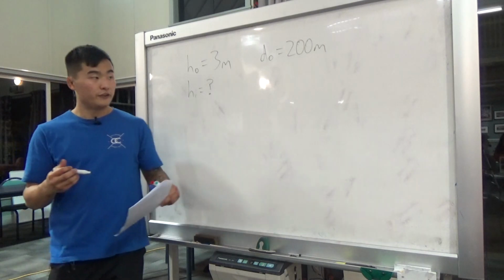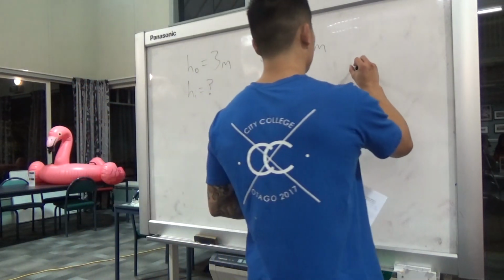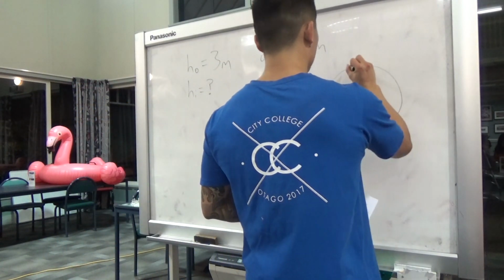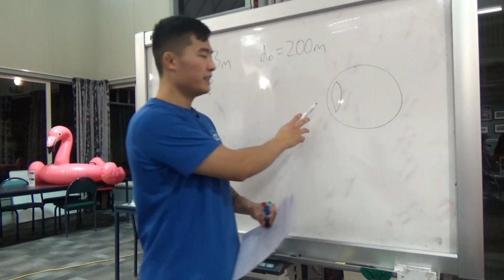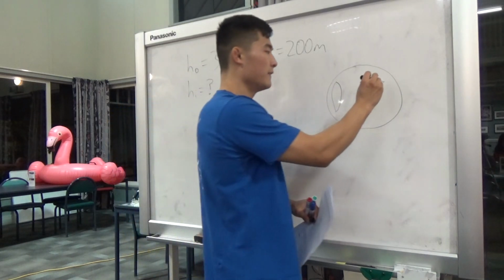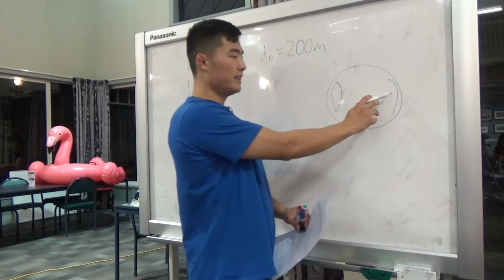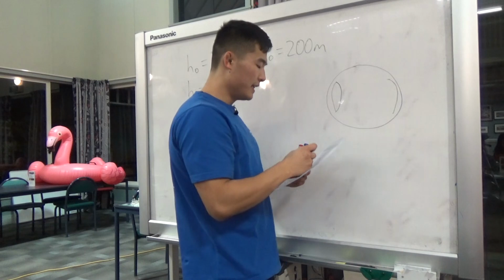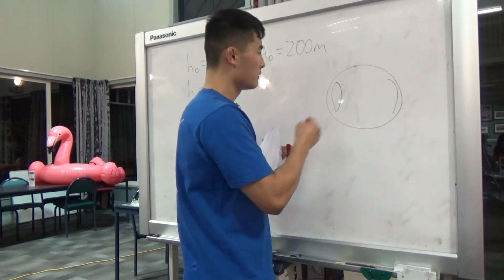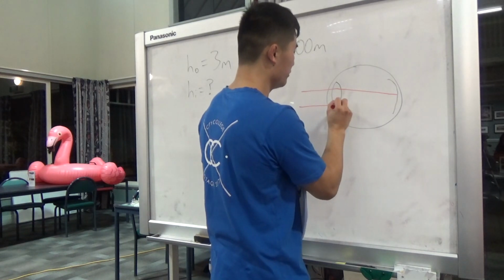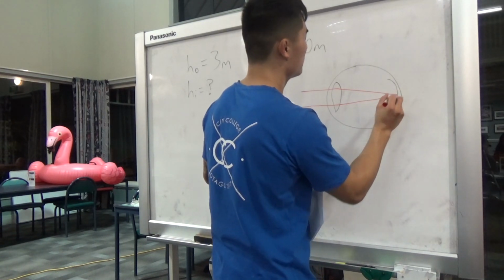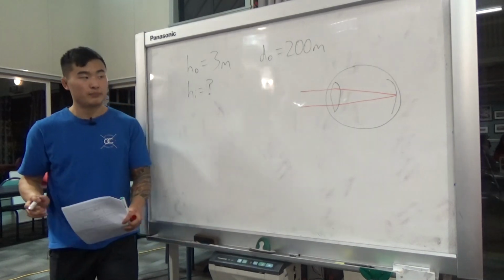Okay, so if you think of the eye, here's your eye, and then you have your lens at the front of the eye, and then there's the retina at the back. So the light comes in, and the image is always going to be a real image that forms at the back of the eye.